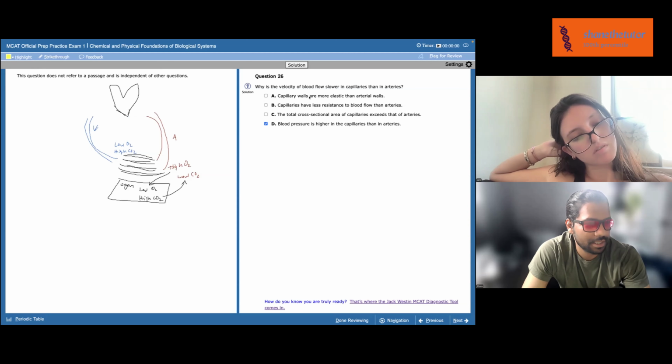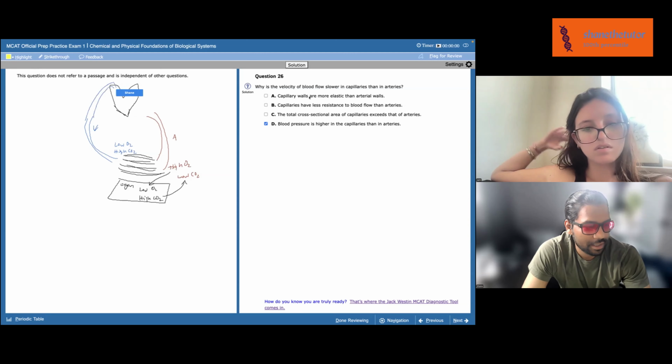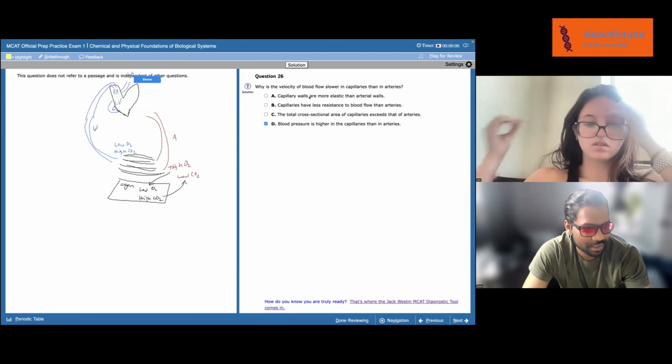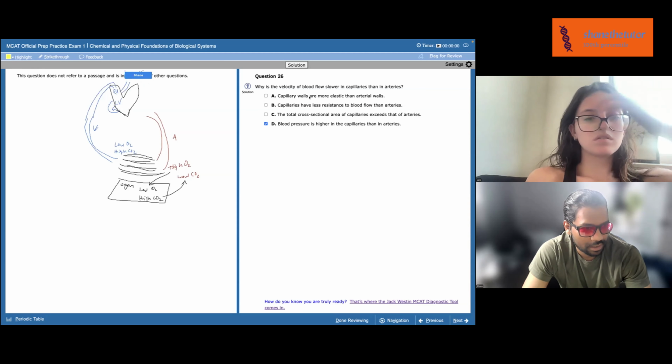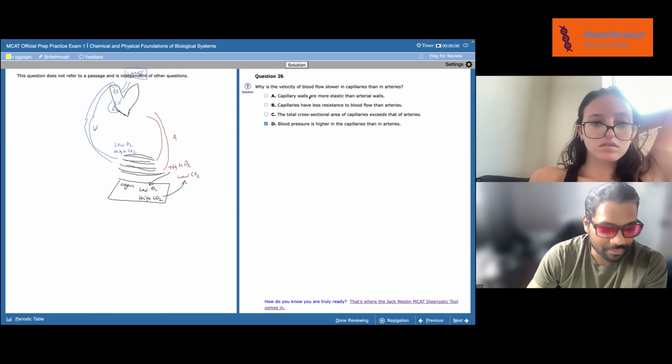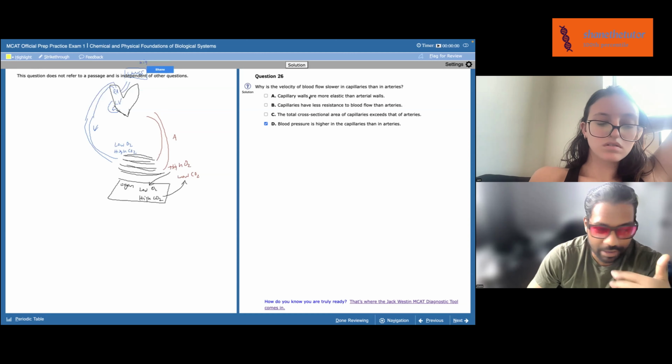the veins go into the right atrium, and then it goes to the lungs, where you take in oxygen from the outside environment, so the lungs will have a high O2 concentration.